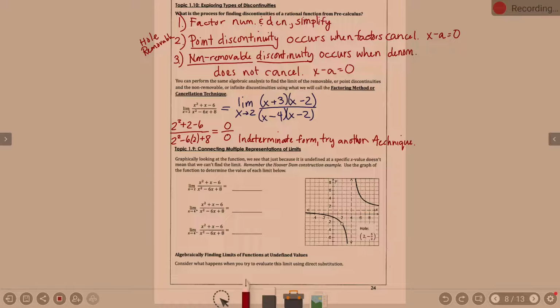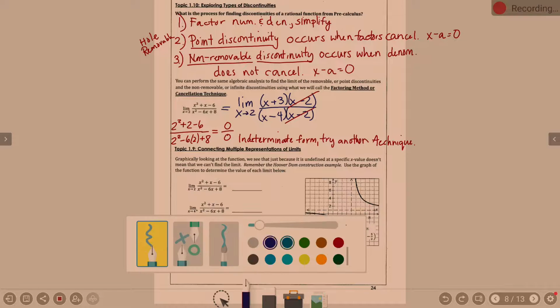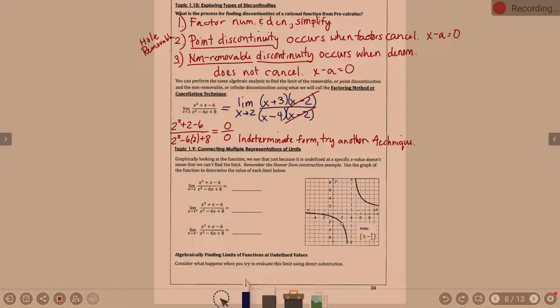X minus 4, x minus 2, what happens? X minus 2's cancel, right? So now I'm doing the limit as x approaches 2 of x plus 3 over x minus 4. What happens if I try direct substitution now? What if I put in 2?